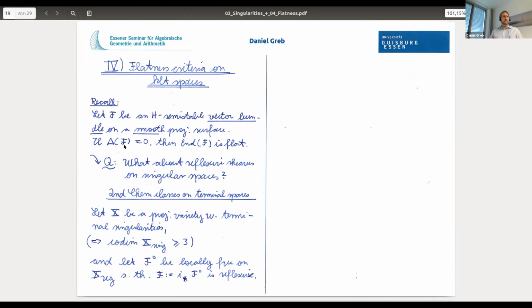Yeah, so my geometrically motivated sheaf theoretic setup is the following. I take a projective variety with terminal singularities. So I will explain later. And let's restrict to this case first, yeah? Not KLT, but terminal. And I explained, or at least said, that this means that the codimension of the singular set is at least 3. And then I take a locally free sheaf on the regular locus and then push it forward so I get a reflexive sheaf. Yeah, that's usually how our sheaves arise.